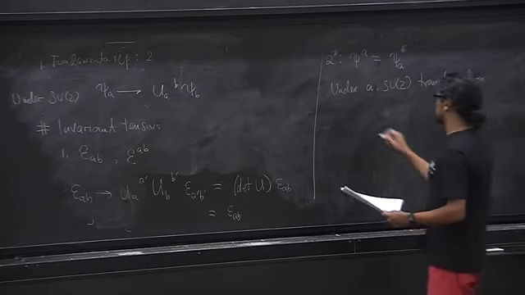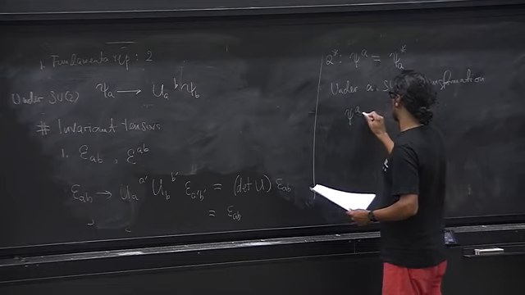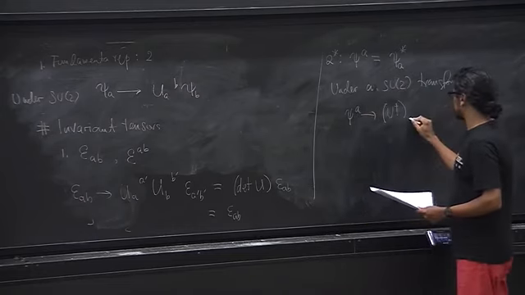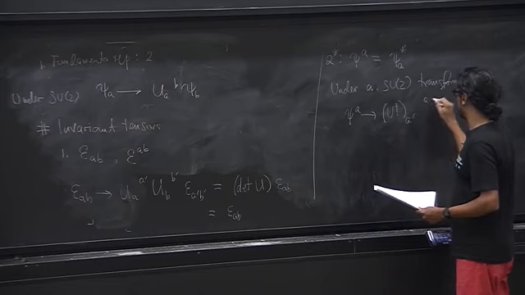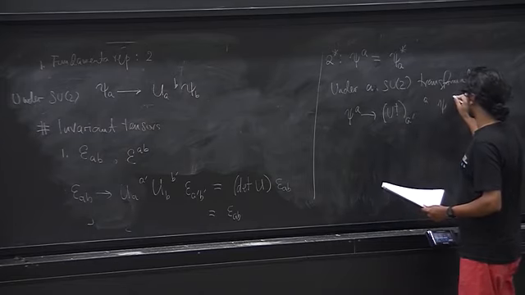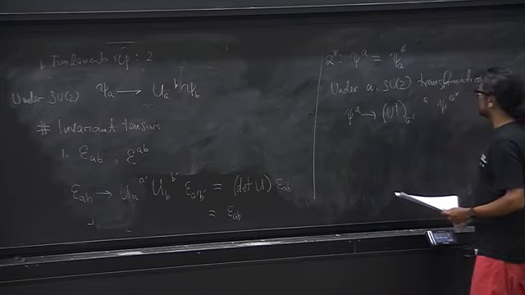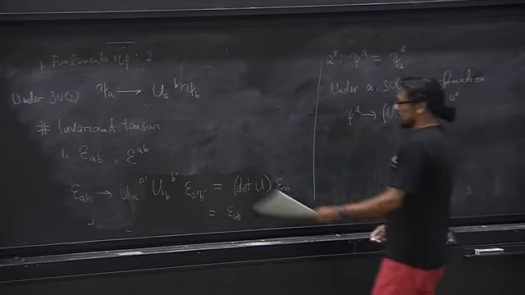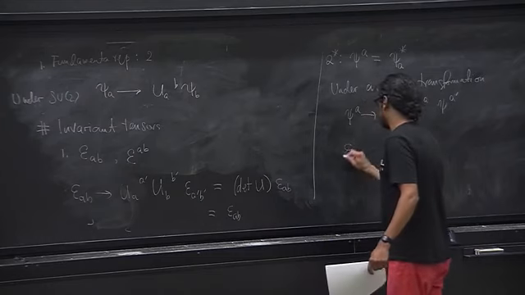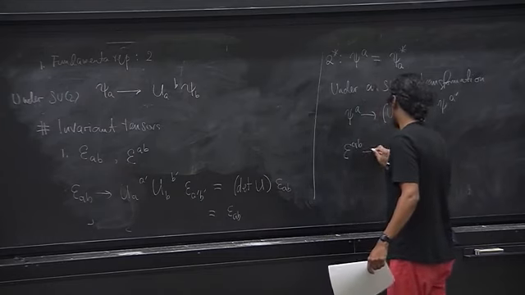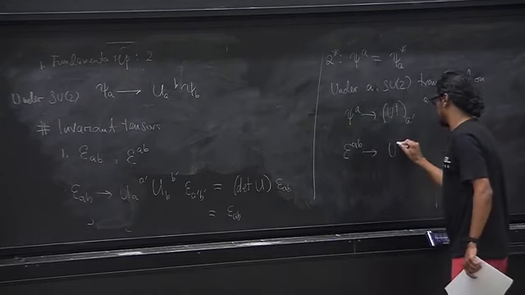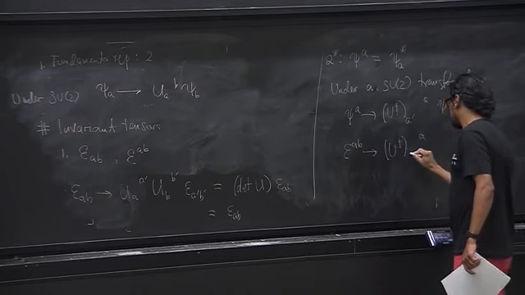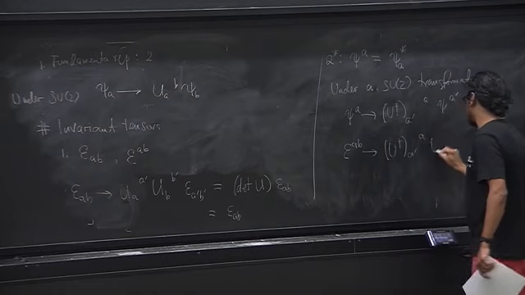So under an SU2 transformation, this thing goes like U dagger of A tilde A prime acting on psi of A prime. And this object, because it has indices upstairs, should transform with the U dagger matrix.